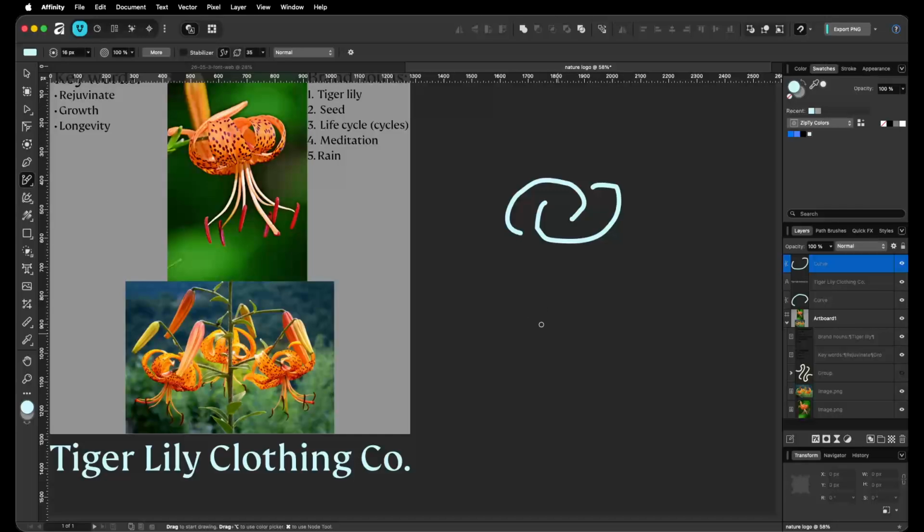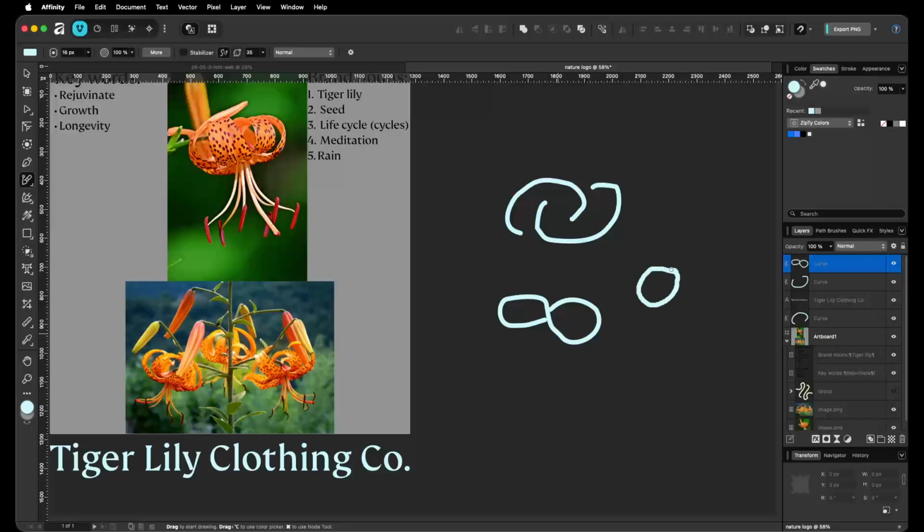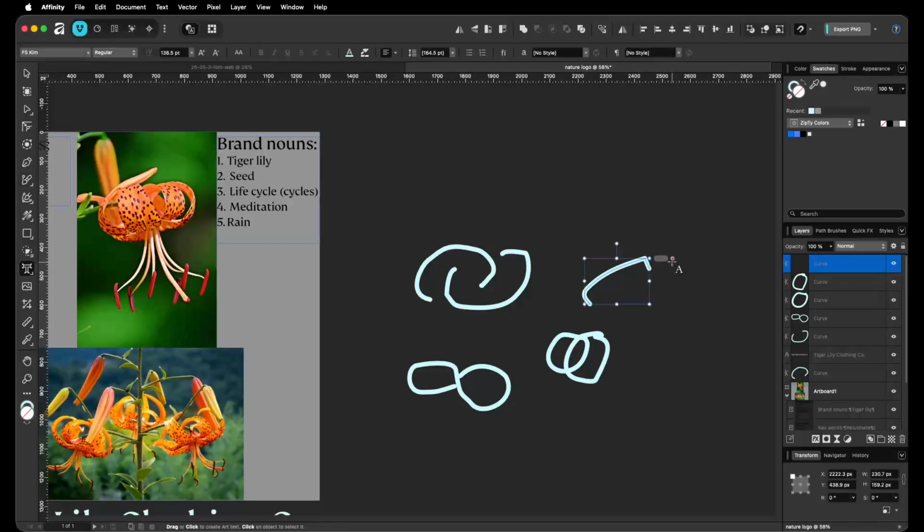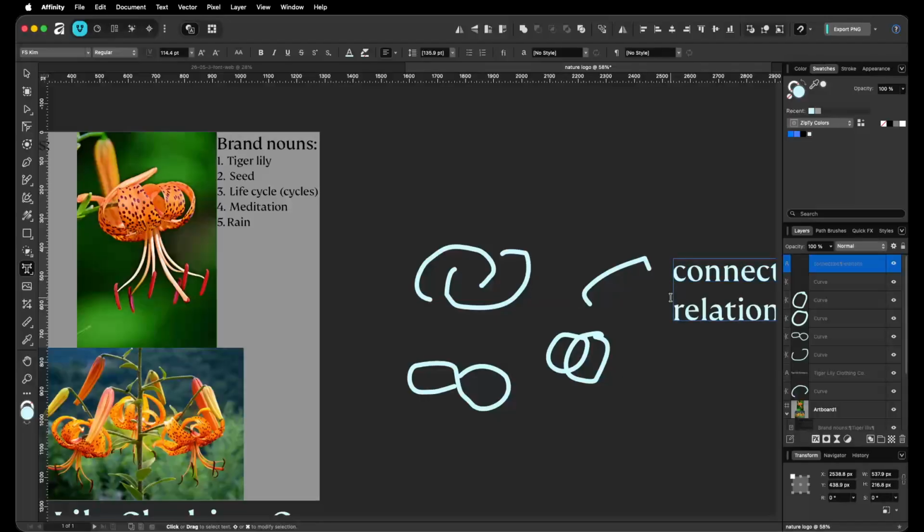So anything that can intertwine, like an infinity symbol is an intertwining shape. Something like a Venn diagram is a little bit of an intertwining shape. So things that cross over each other or connect to each other or that can reverse each other are intertwining, or express this idea of connection or relationships.